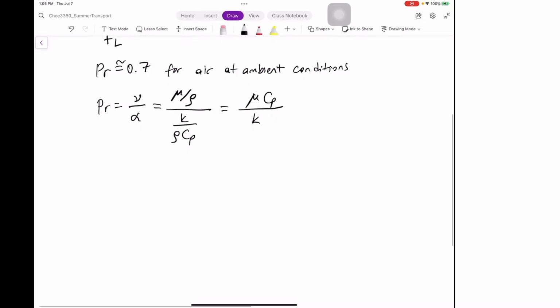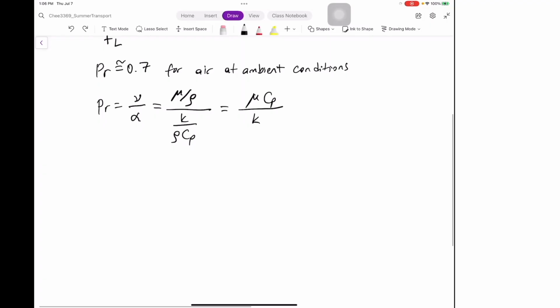Any of these three equations will give you the Prandtl number. If you plug in the values for mu, Cp, and k, you will find the Prandtl number of the air is about 0.7 at 25 degrees and 1 atmosphere.